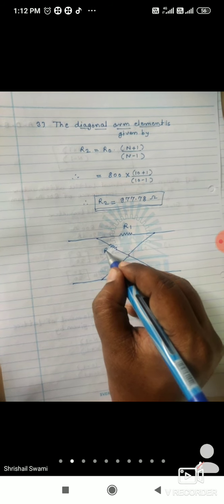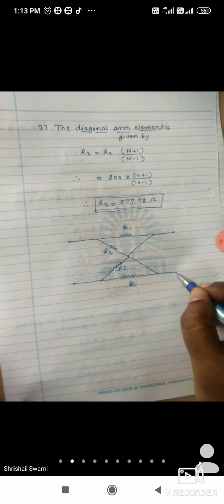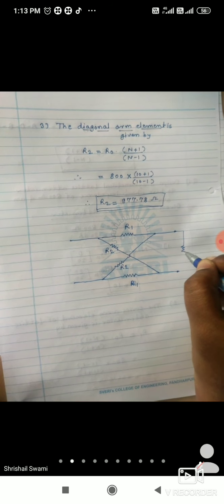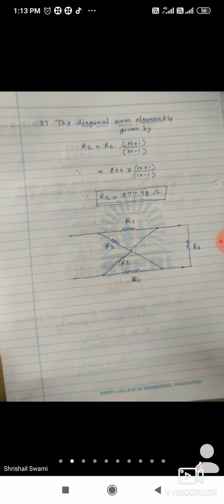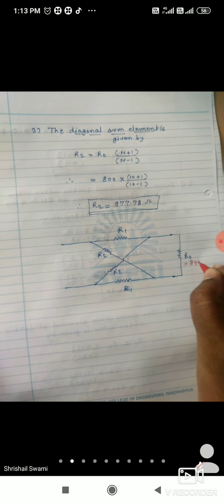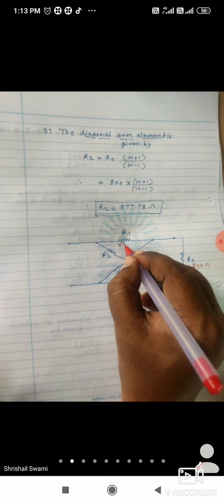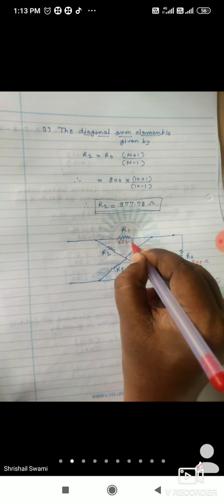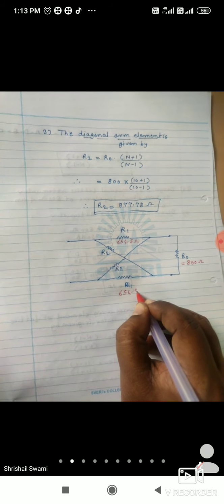So this is R1, this is R1, this is R2, this is also R2, and between the second port you can connect R0. So this is R0. Mention the values properly. R0 is given as 800 ohm. R1 we got 654.5 ohm, 654.5 ohm.